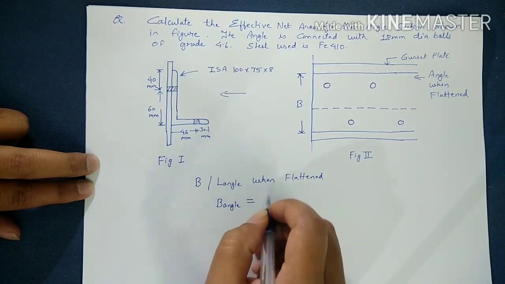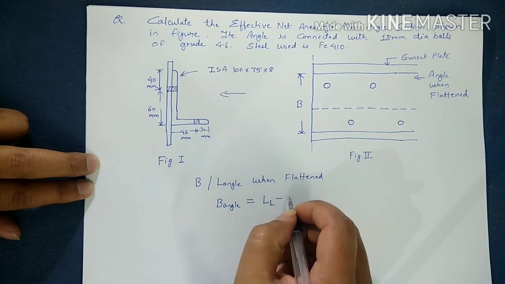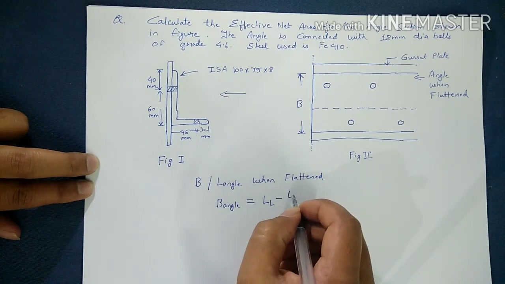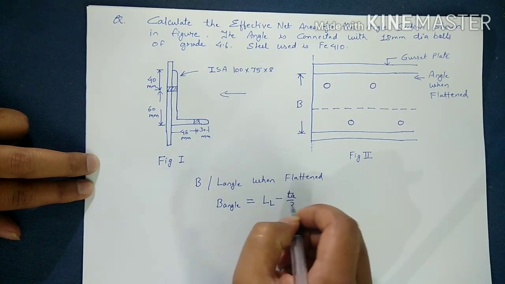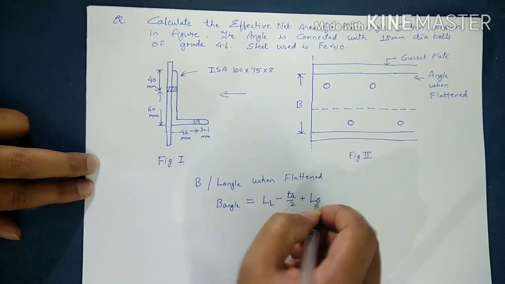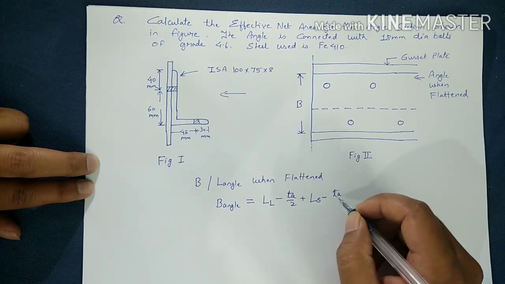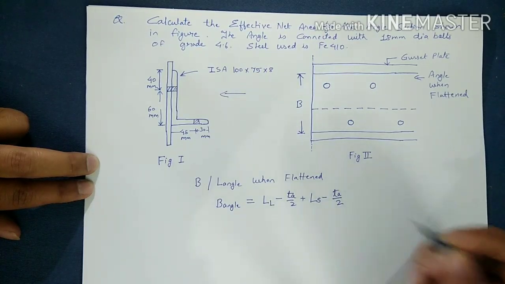that is length of longer leg minus thickness of angle by 2 plus length of shorter leg minus thickness of angle by 2.